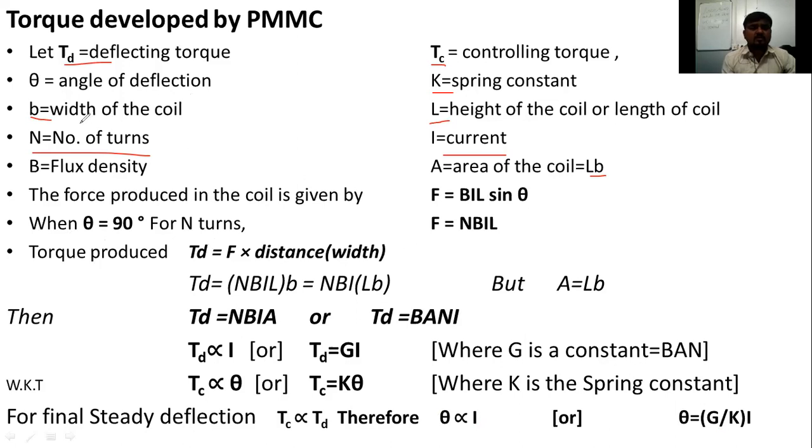Now the descriptions: B is flux density. In the problems, they will not mention B equal to or N equal to; they will mention in words like flux density of the coil, number of turns in the coil. We'll take one simple problem. All of you note down this problem.